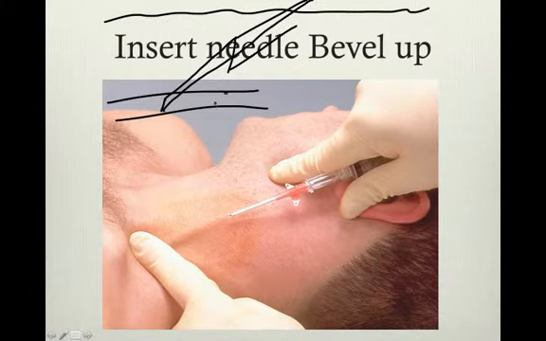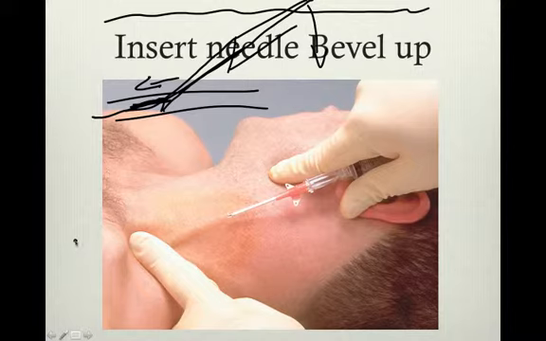Drop the level down a little bit and insert the needle just a little more so that you're definitely in the lumen of this vein, and then thread your catheter. That's the easiest way to always confirm and get a better chance at having successful IVs.